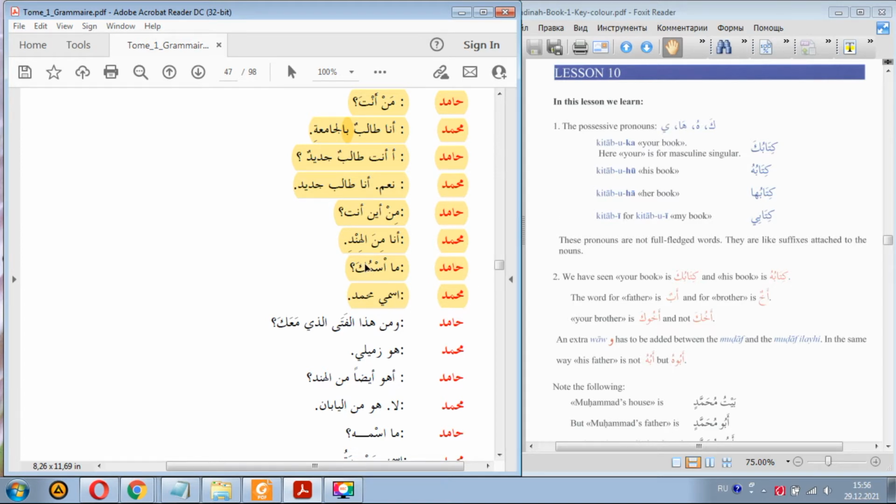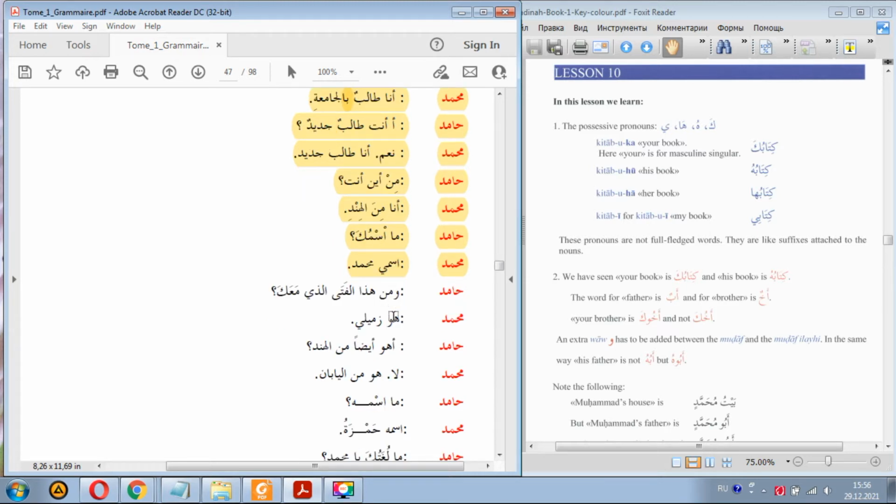If you add ka with fatha, it means your, but if you add ya with sukun, then it means my name. Ismi Muhammadun. Hamid says, وَمَنْ هَذَا الْفَتَى الَّذِي مَعَكَ.